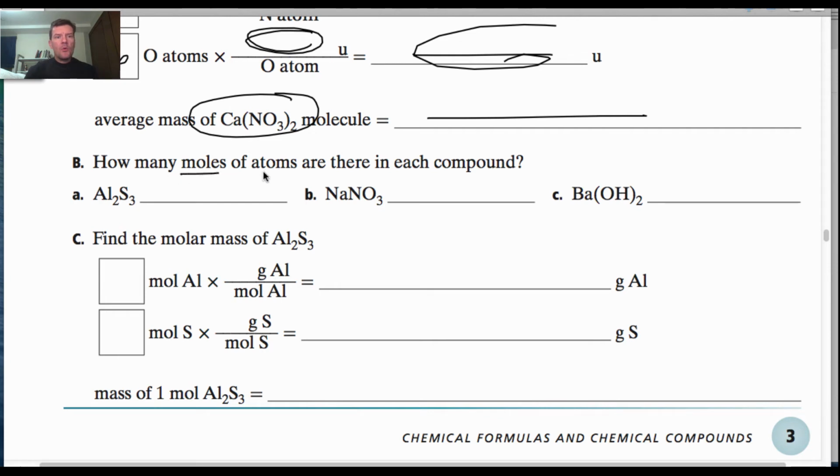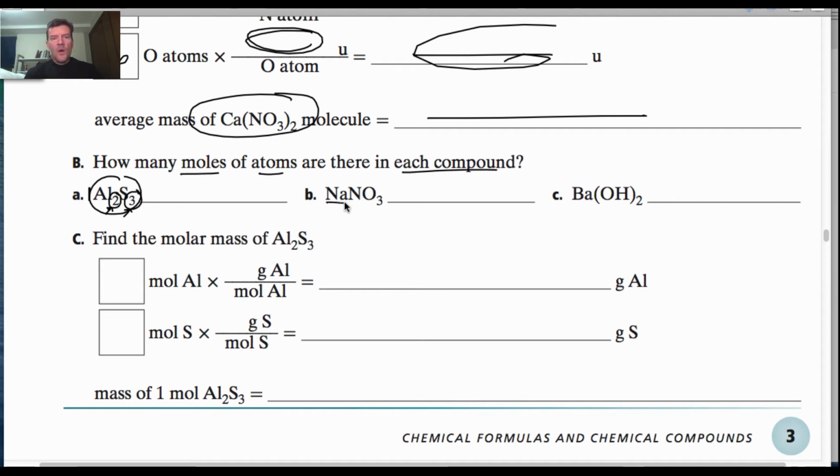How many moles of atoms are there in each compound? Well, assuming that this is 1 mole, I have a mole of this, I have 2 moles of aluminum, 3 moles of sulfur. Just like if I was going to say I have 1 compound, then I have 2 atoms of aluminum and 3 atoms of sulfur. Okay?